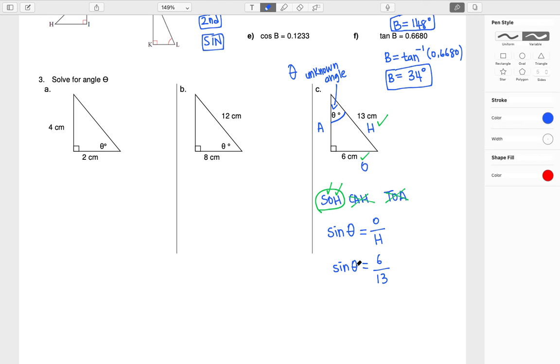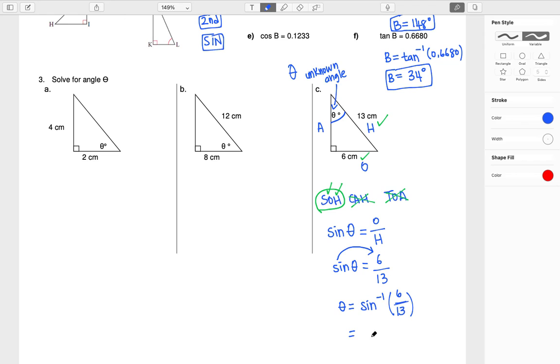Now I want to find an angle, so I'm going to move sine to the opposite side. So every time I'm looking for an angle, when sine moves, it becomes inverse: sine inverse of 6 divided by 13. So on your calculator, you do second function, sine, bracket, and you'll be doing 6 divided by 13, and then close the bracket.